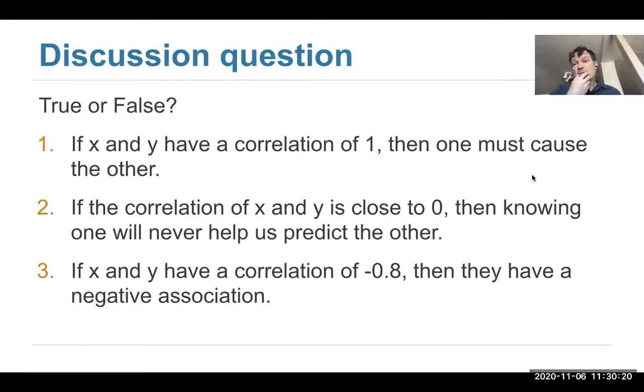If there is a nonlinear association, then the value of X would be very helpful for predicting the value of Y. So a correlation coefficient of 0 rules out a linear association, but it doesn't rule out a nonlinear association. It was tricky. It got me for a minute.